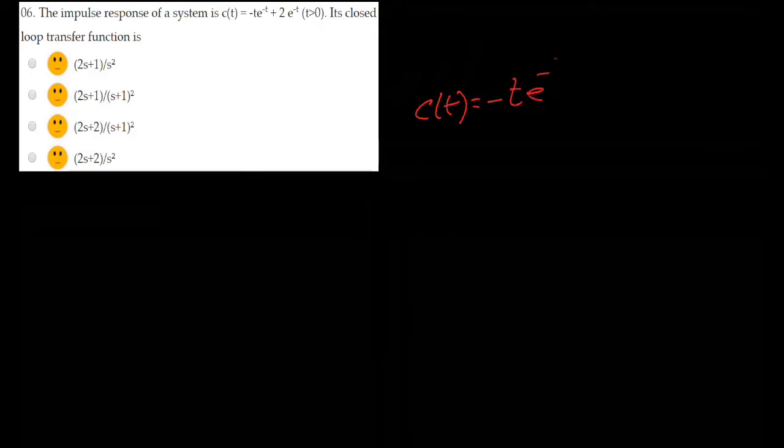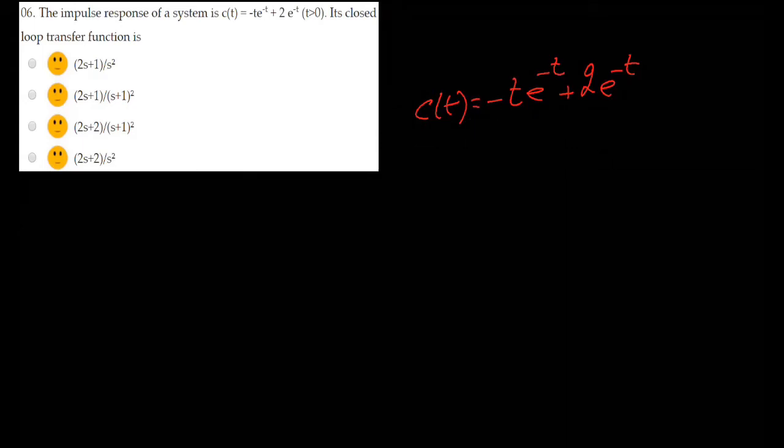Okay, next MCQ is, the impulse response of a system is given to you, and that is c(t) equal to minus t e to the power minus t plus 2 e to the power minus t. So its closed loop transfer function is, let's convert it into s domain. So that will be equal to minus 1 by (s plus 1) whole square plus 2 divided by (s plus 1).